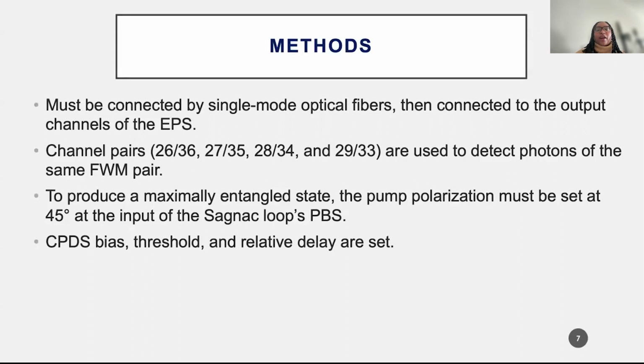And you may be wondering why we have to set the delay. For our system specifically, channel 2 is electronically delayed relative to channel 1. Therefore, we have to manually delay channel 1 in our software so it can detect the photon pair at the same time. If you can't detect the same photon pair, then no results.